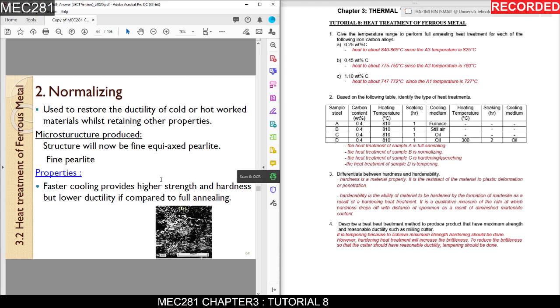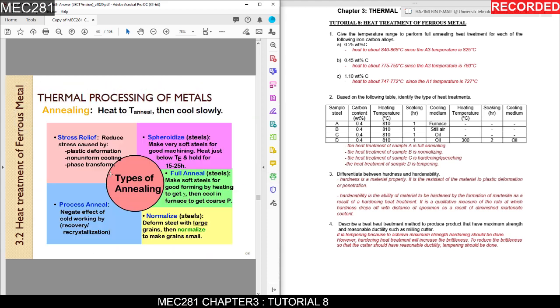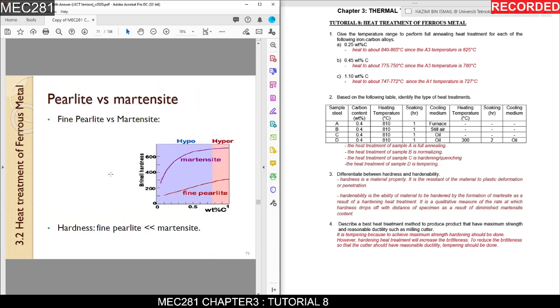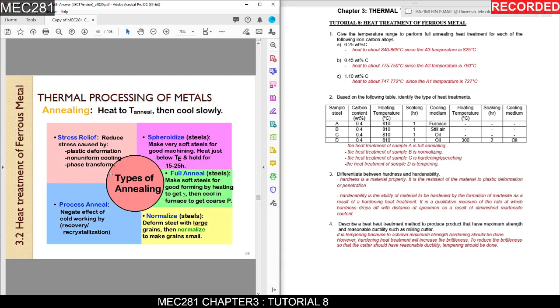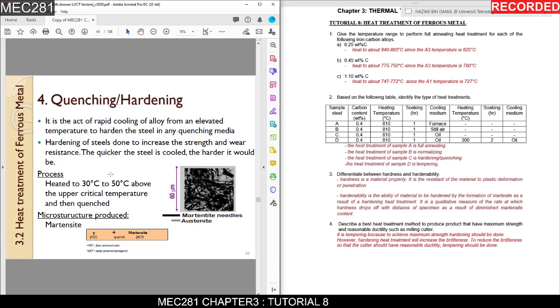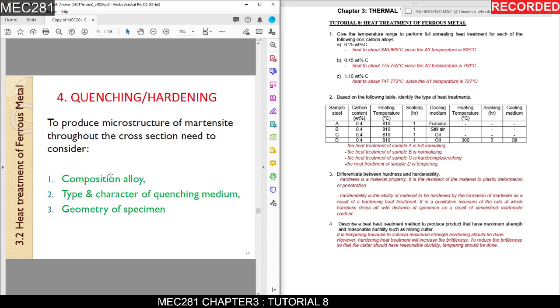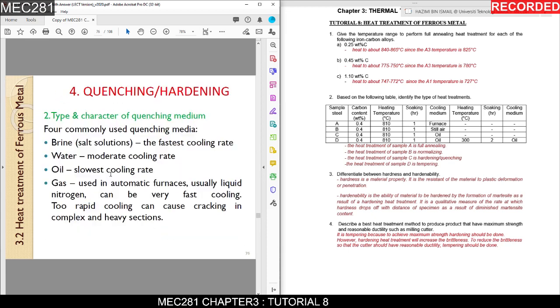So let's find in the notes of hardening and quenching. These are the quenching medium. It can be cooled down in brine, water, oil, or gas. But in this case, it uses oil, so it is quenching and hardening.